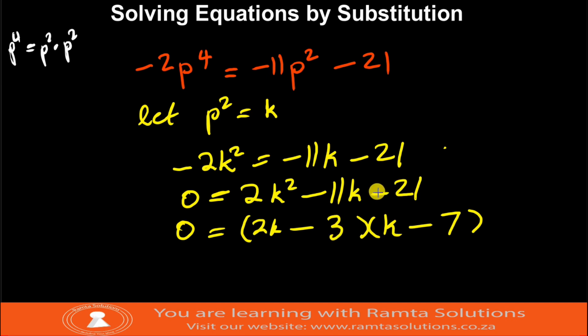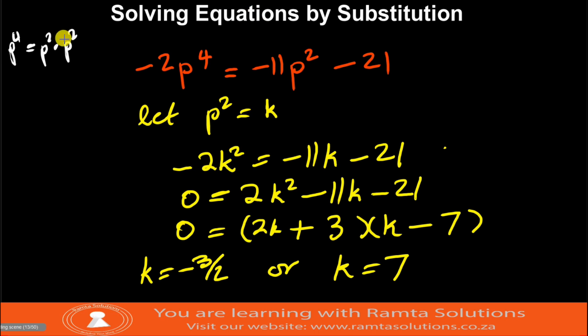The bigger factor must be negative, so this one must be positive. Therefore, k equals negative 3 over 2, or k equals 7, right? Okay.